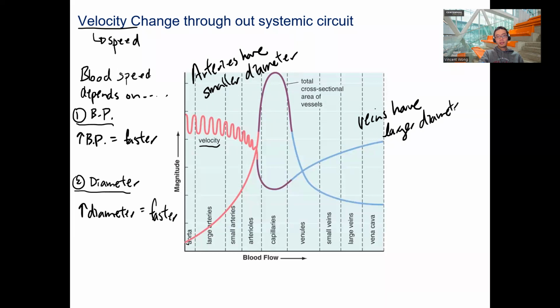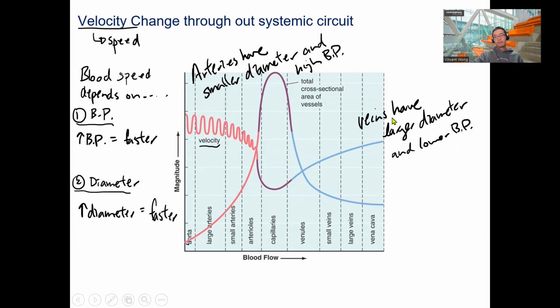But the arteries might have smaller diameter and higher BP because you're closer to the heart. Over here, you have lower BP, right? So that's why the speed is similar, a little bit higher, but not too high. It's similar in the arteries compared to the veins.